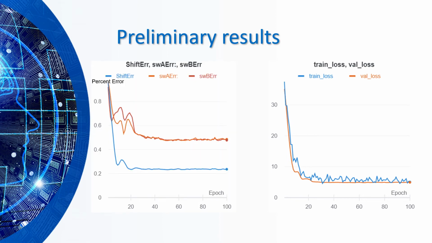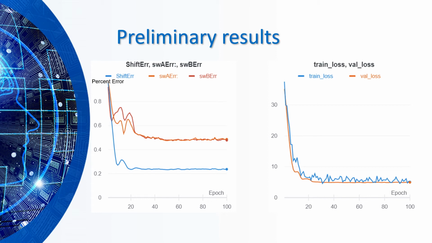And here is the graph where I measure the differences corresponding to each individual geometry parameter. We have shift, SWA, and SWB. We can see the shift parameter is doing much better than SWA and SWB, with only around 20% error.